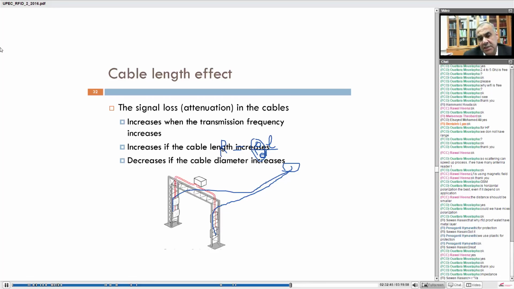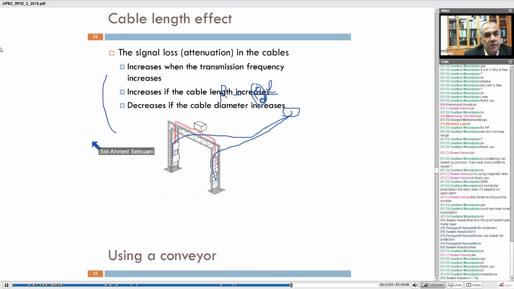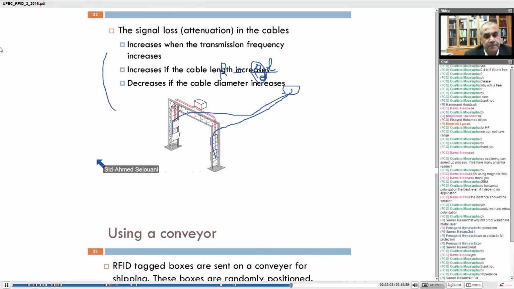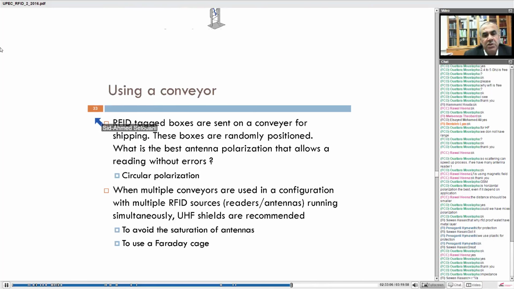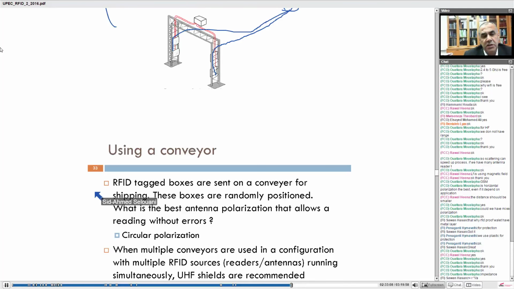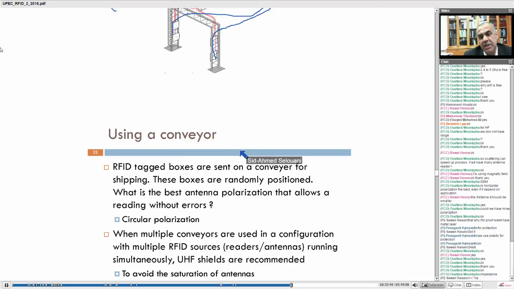L is the length and D is the diameter of the section. So the resistance is inversely proportional to the diameter of the cable. So if D increases, the resistance decreases, which facilitates the transmission. Okay, good. You have to remember this because you can have a question about that.